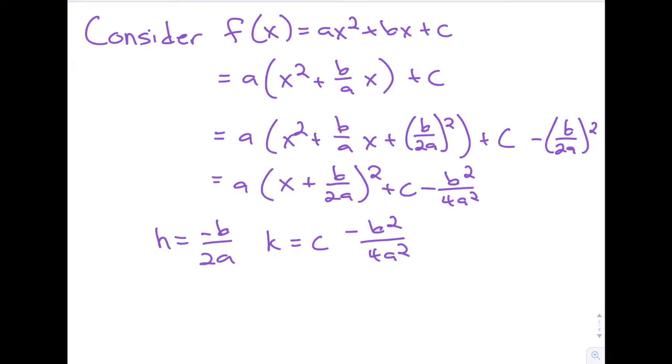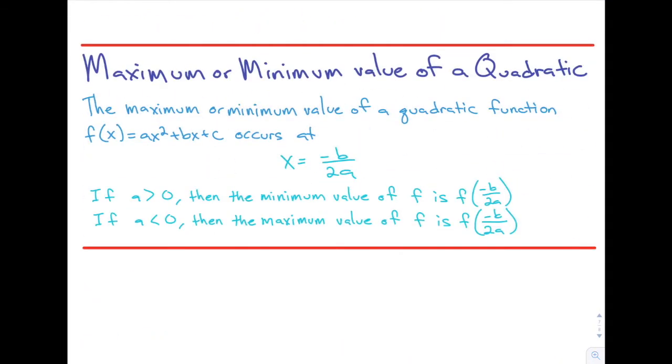So with this information, we can equivalently phrase the maximum and minimum value of a quadratic function as follows. The maximum or minimum value of a quadratic function f of x equals ax squared plus bx plus c occurs at x equals negative b over 2a. If a is greater than 0, then the minimum value of f is f of negative b over 2a, and if a is less than 0, then the maximum value of f is f of negative b over 2a.